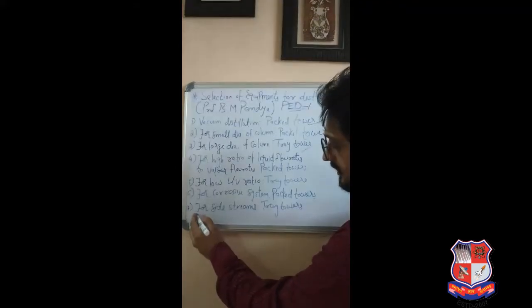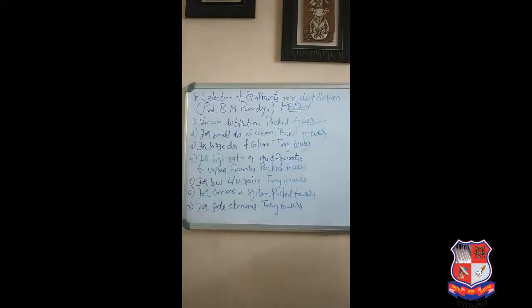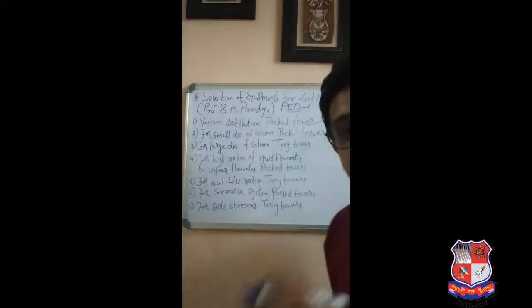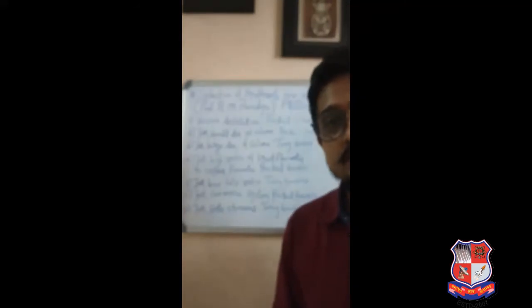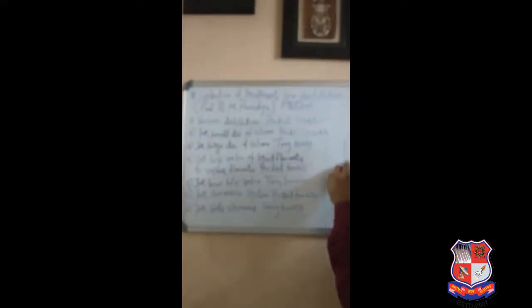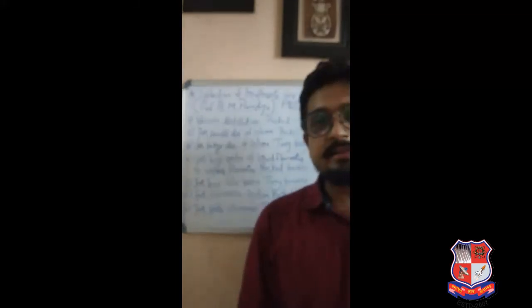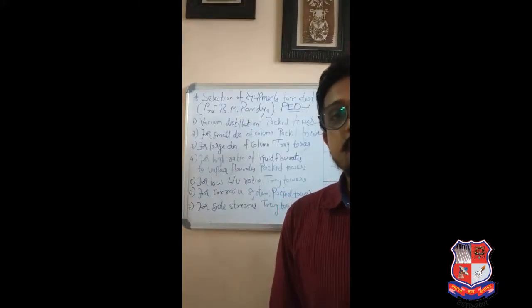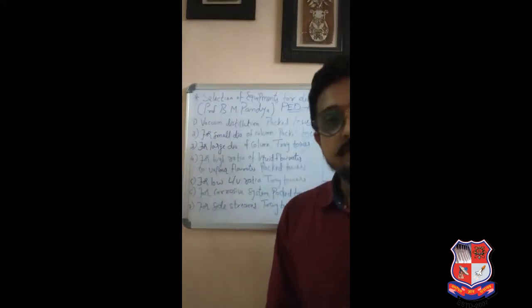Now the last and most important point: for side streams always go for a tray tower. Side streams means that many times in a distillation column, we always have studied in 8th, 9th standard how our crude is separated.